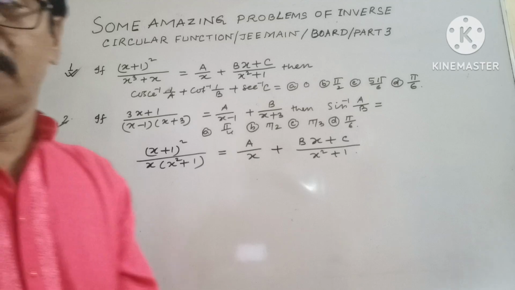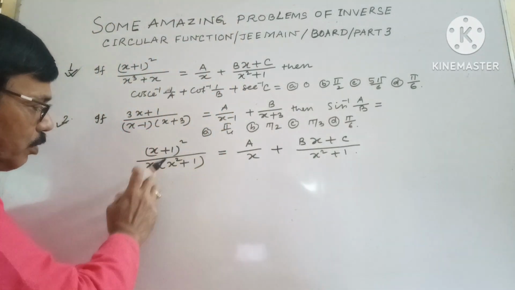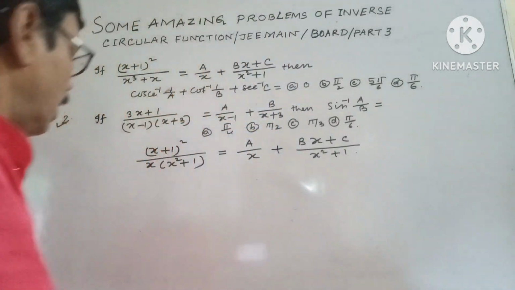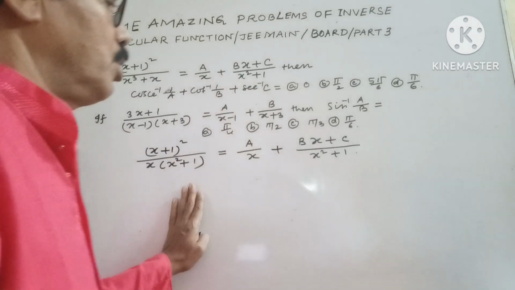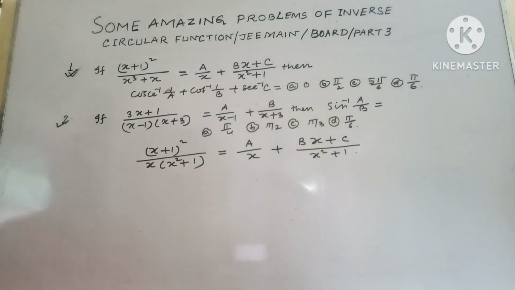Also, there is a restriction: the degree of the numerator must be less than the degree of the denominator. Here the degree is 2, here the degree is 3. So it is a problem of the method of partial fractions.